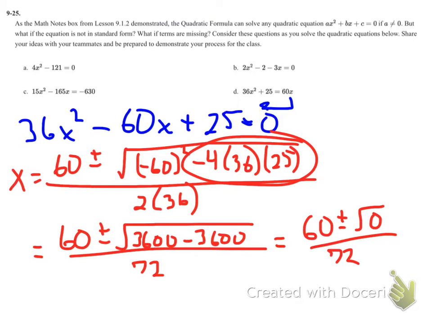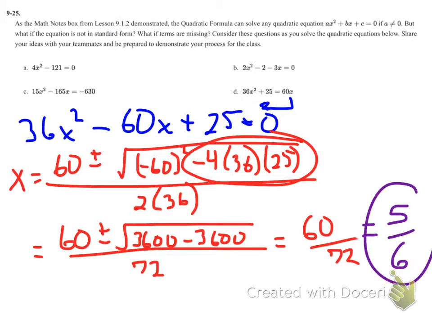Square root of 0 is just 0, so that drops out of this problem. And I essentially now just have 60 divided by 72. So I do not get two solutions for this one. I only get one answer. 60 divided by 72, I can reduce that fraction. They're both divisible by 12. And I end up getting 5/6 as my solution. A positive 5/6.